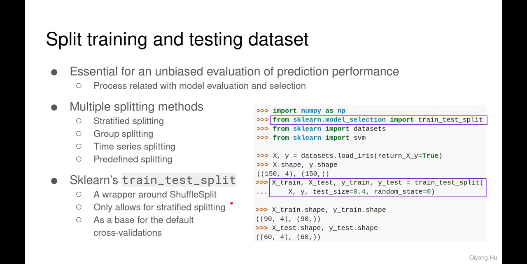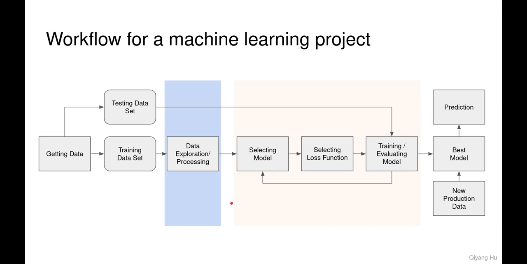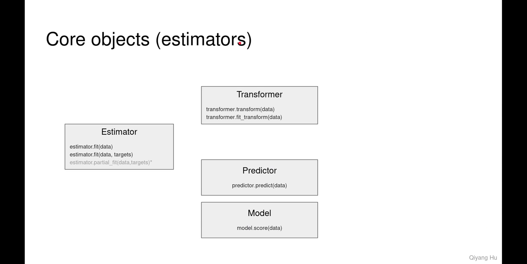After splitting the training and testing data, we come to the steps of processing the data, modeling, training, and predicting. All those parts lead us to touch the core objects of Scikit-Learn. In Scikit-Learn, there are four main core objects; in some contexts people also call them core estimators.